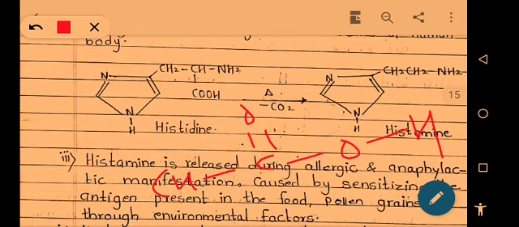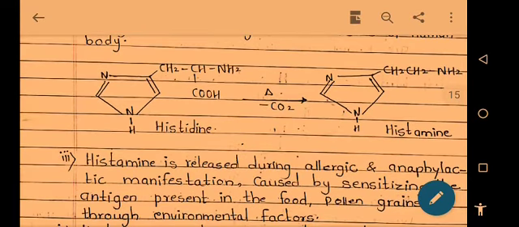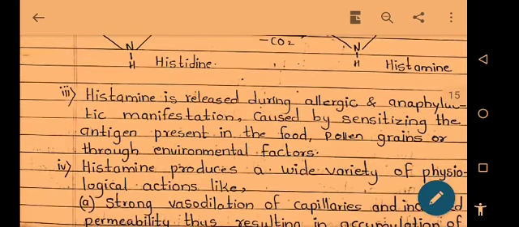As we supply the heat, any compound having the COOH group loses that group in the form of CO2. Means it is a decarboxylation reaction. The compound histamine is formed, and histamine is generally obtained from histidine.